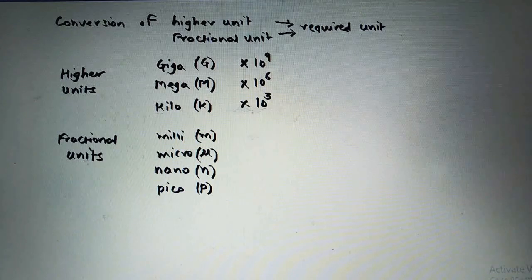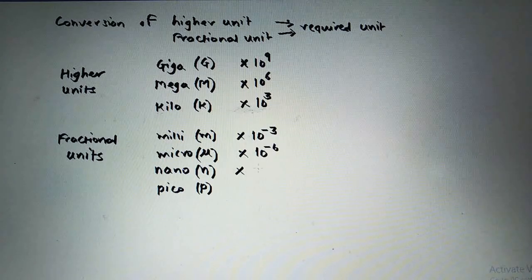Now if we have to convert a fractional unit into the required unit, we multiply the required unit by 10 to the minus power. For milli it will be 10 raised to minus 3, for micro 10 raised to minus 6, for nano 10 raised to minus 9, and for pico 10 raised to minus 12.